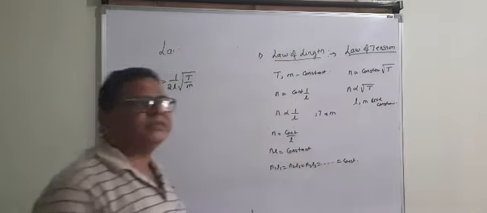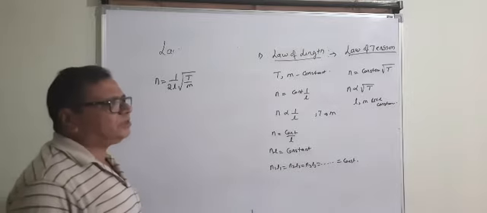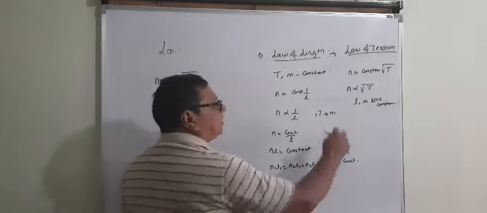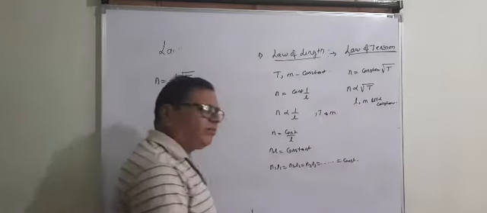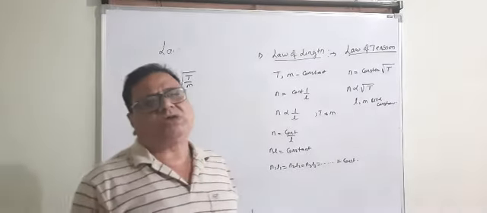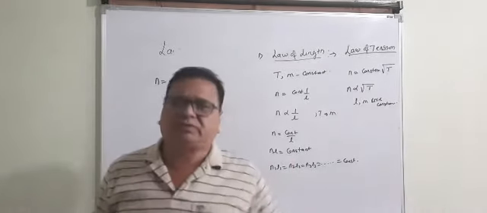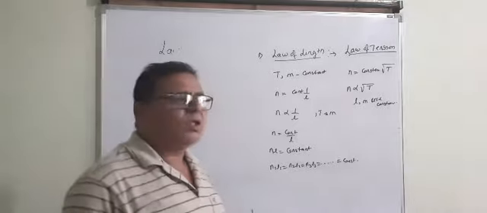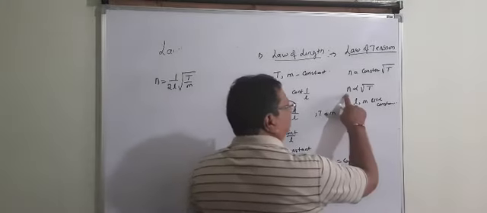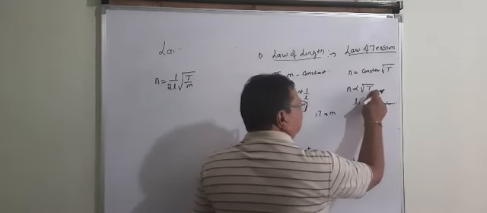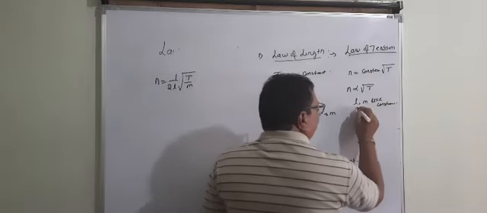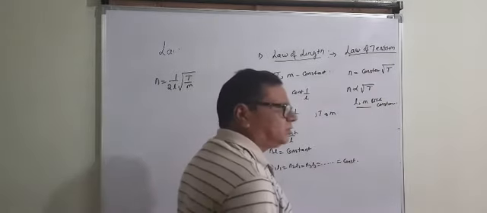Hence we can state that the law of tension states that the fundamental frequency, remember once again I repeat, these laws are related only to the fundamental frequency, of vibration of a stretched string is directly proportional to the square root of tension when length and mass per unit length are kept constant.